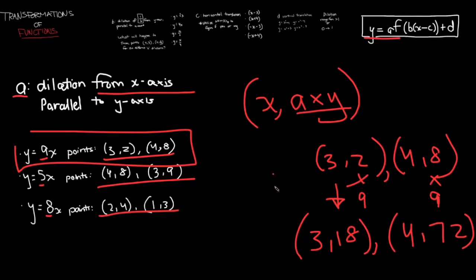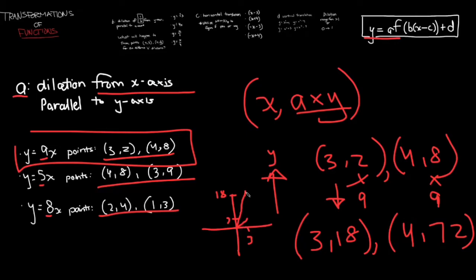It basically increases your y-axis. So if it was (3, 2) on a graph, well now it's still on the same x, still on 3, but it went from 2 here to 18 here. So by the time it's reached here, it's become way steeper. So you can see that the graph has become steeper.